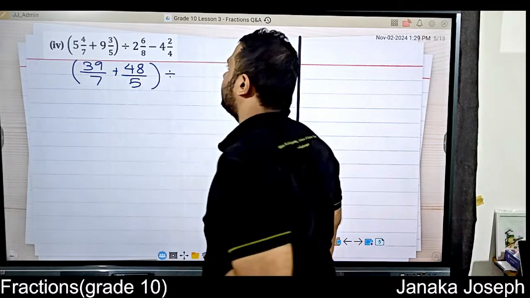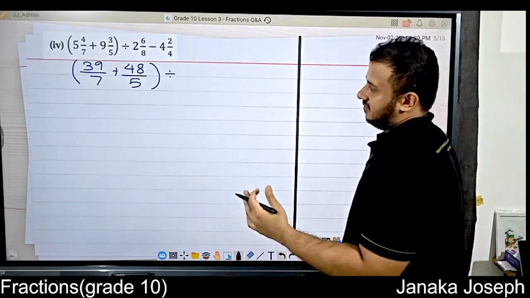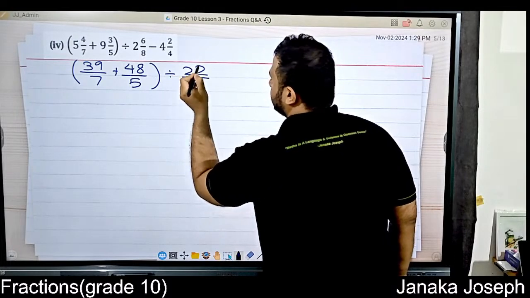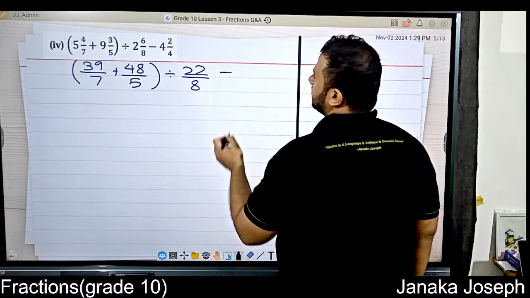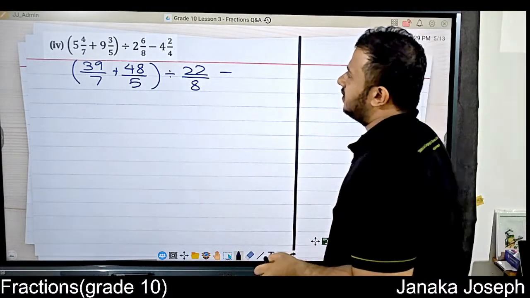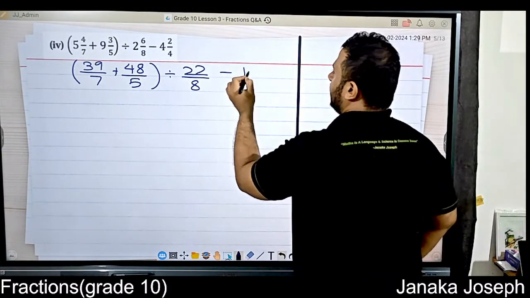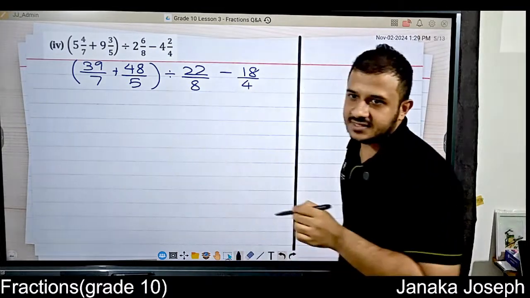Divided by 8 times 2 is 16 with 6, 22 out of 8, and then minus 4 times 4 is 16, 16 with a 2, 18 out of 4.